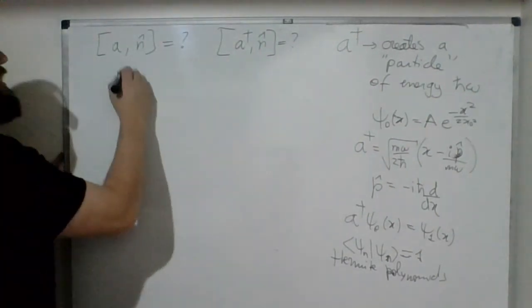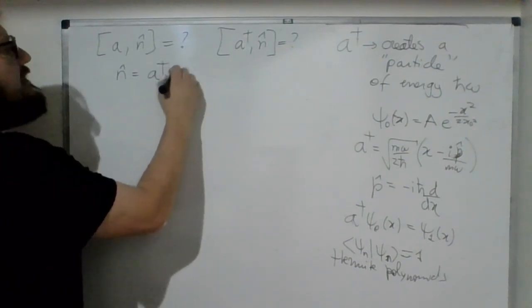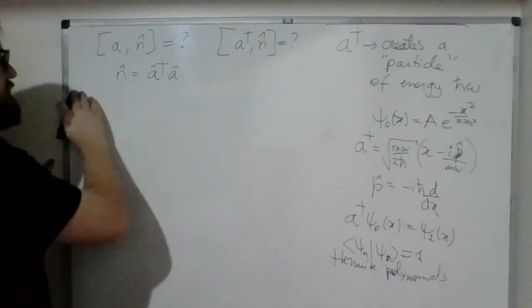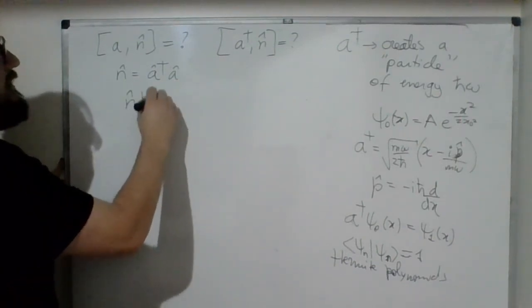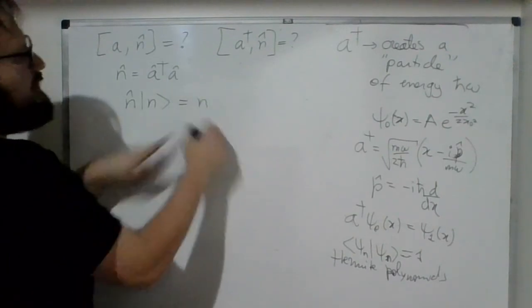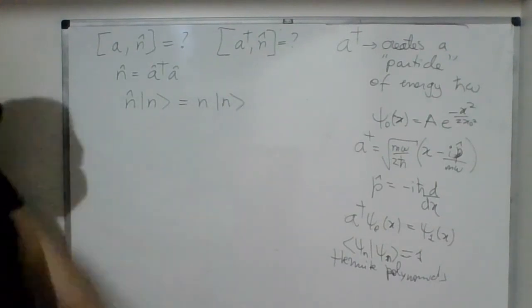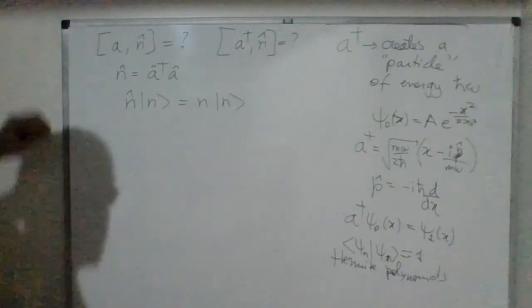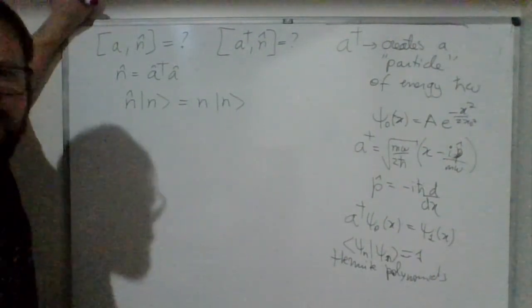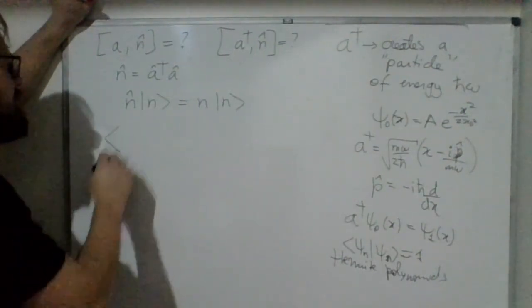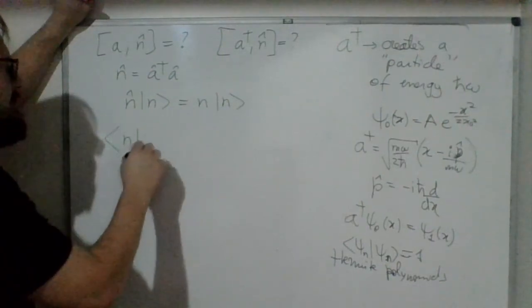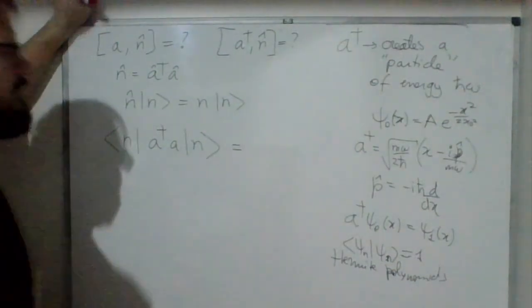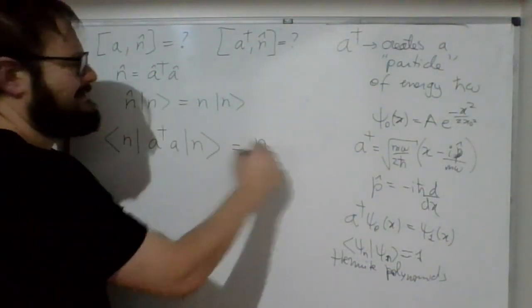Then the number operator is just A dagger A. So the eigenvalues of this operator are integers. When this operator acts on some n level, it produces the number n times n. Notice the following thing. If you calculate the average of this operator, of course, it will produce n.